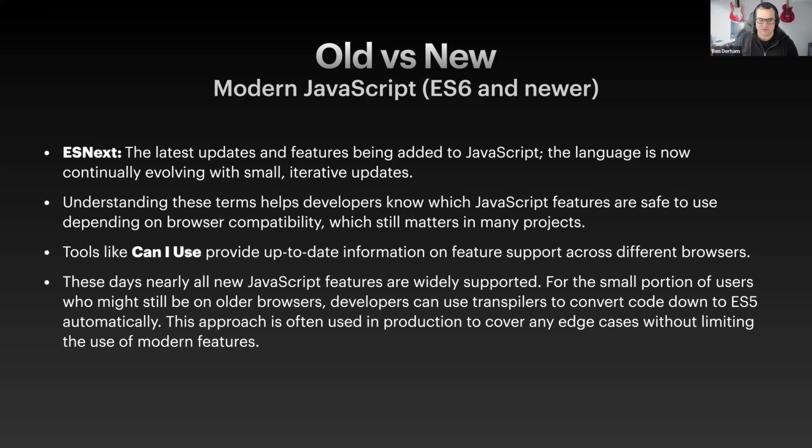There is a tool called Can I Use, which is a website where you can type in a JavaScript feature and it will tell you whether that feature is supported on different browsers. It's quite rare now, though, that a feature isn't available. It's only maybe if you've seen something coming up in ES Next that hasn't yet been incorporated into all of the modern browsers like Edge, Chrome, Safari, or Firefox.